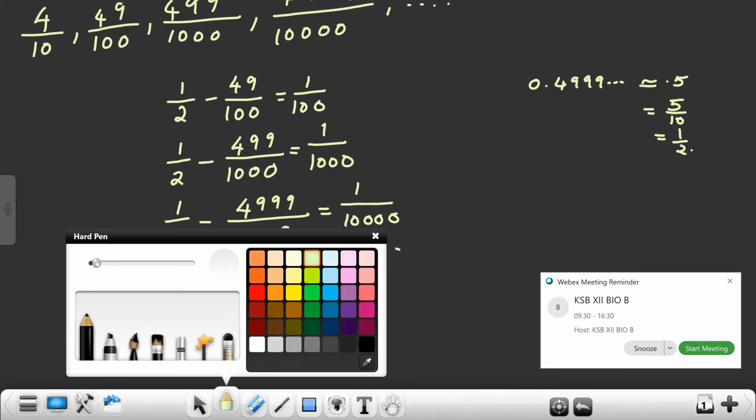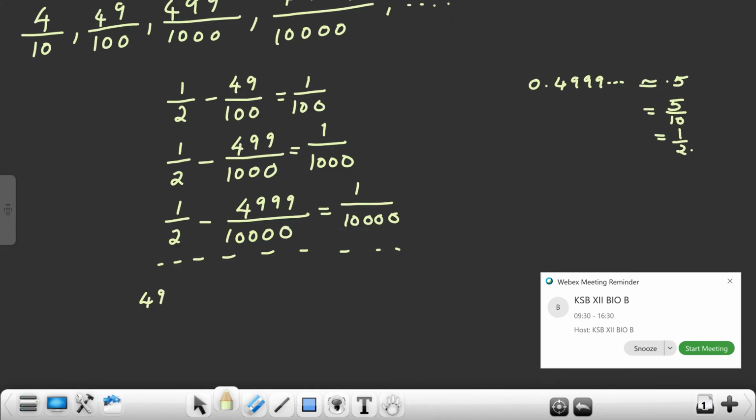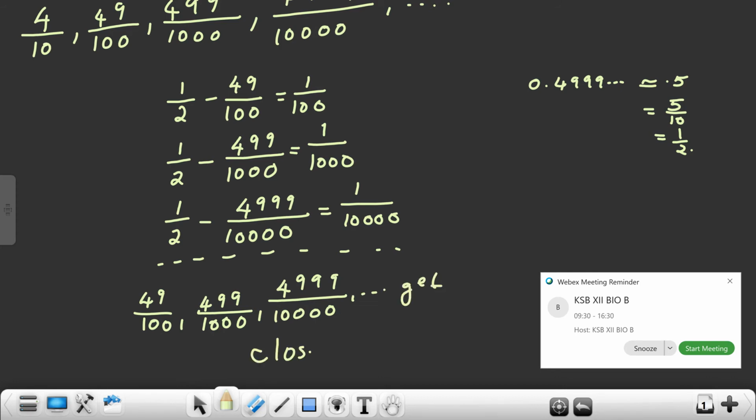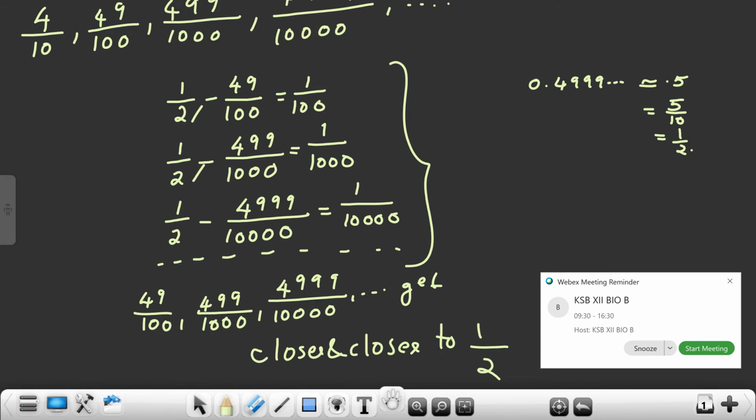These fractions, that is 49 by 100, 499 by 1000, 4999 by 10,000 etc. get closer and closer to which number? From here you can see closer and closer to 1 by 2.